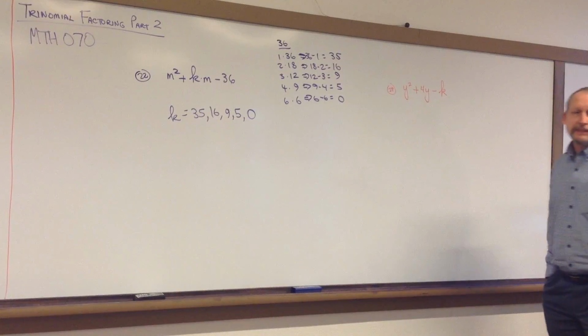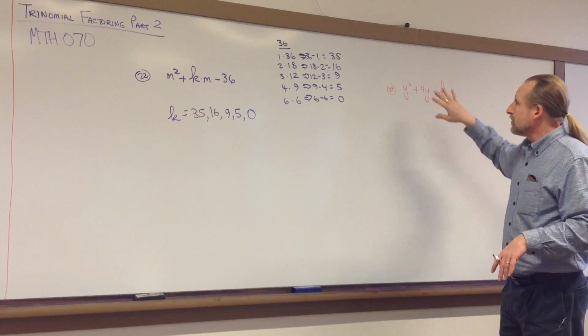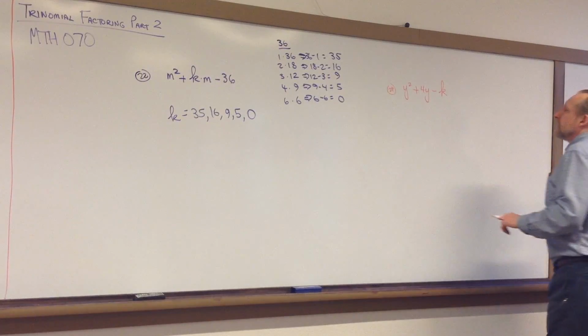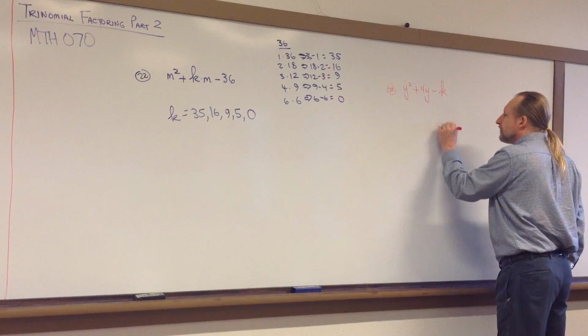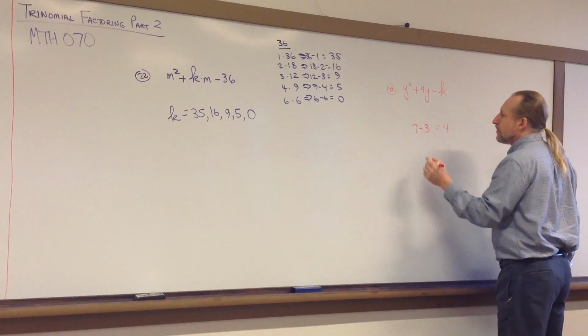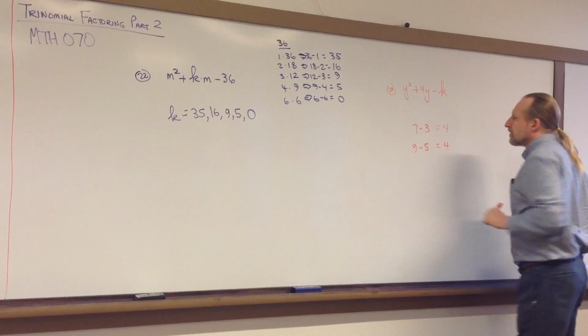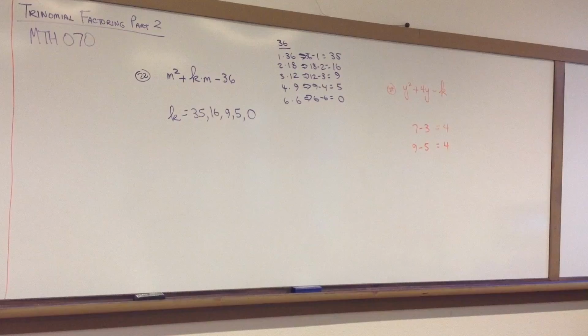And I say this in the instructions, there are multiple solutions to these problems, starting with 23. Okay? So the idea is that we want two numbers whose difference is 4. So you could do 7 minus 3 is 4. You could do 9 minus 5 is 4. Okay? And I think I'm only asking you for 2 possibilities, right?